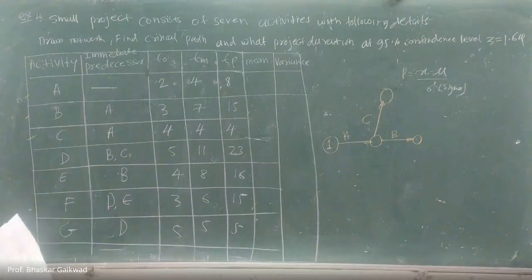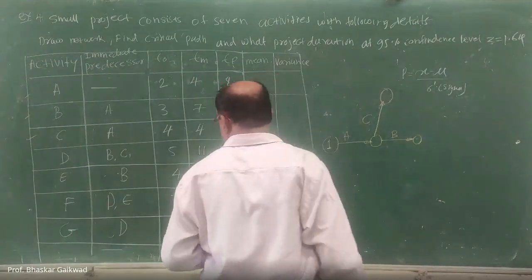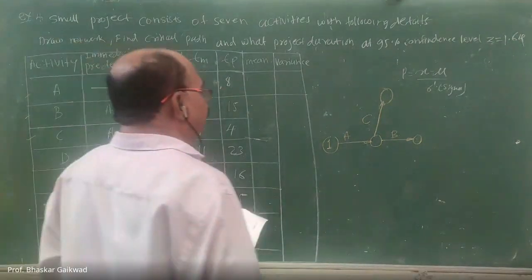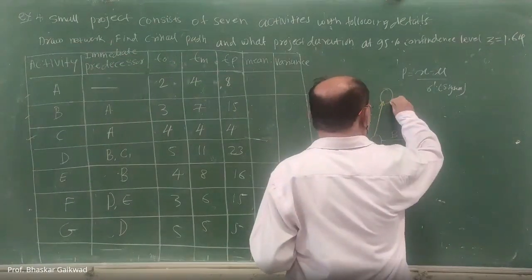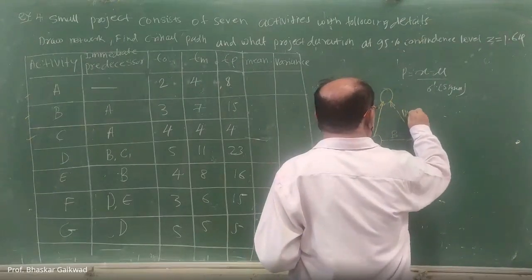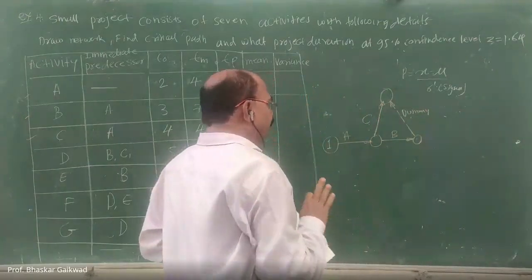B and C together. It is expected that B and C come together. How to bring this together? By using a dummy activity. So here B and C meet together, so you can use the dummy activity. Dummy activity time is always 0. Correct.